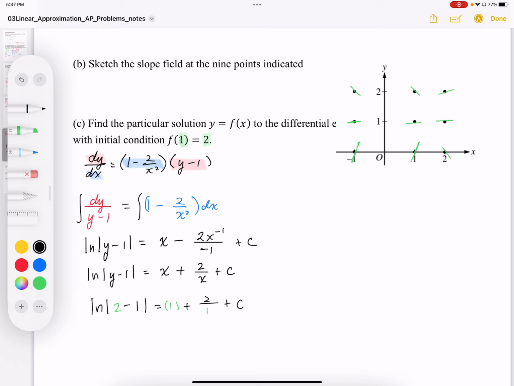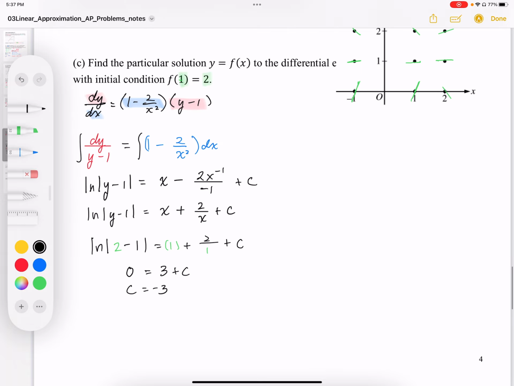So the only thing left to solve for is the plus c. 2 minus 1 is 1. The log of 1 is 0 on the left-hand side. 1 plus 2 is 3. Solving for c, it works out to be negative 3. So c is equal to negative 3.